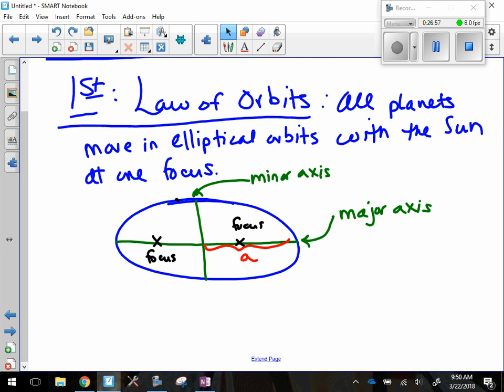Okay, so the planet goes around the outside, and the sun is there.